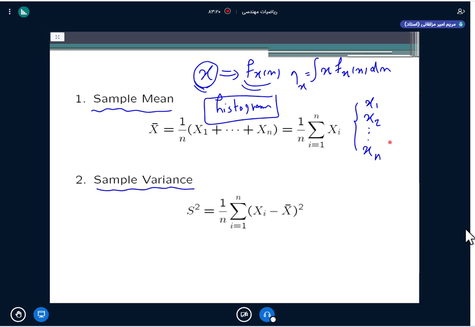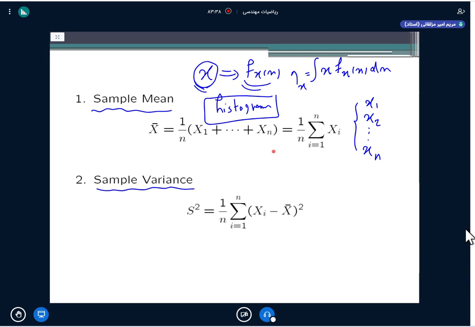Here, when we have samples of random variables, we can compute the mean very simply. We can sum the values of the samples and then divide the result by n.